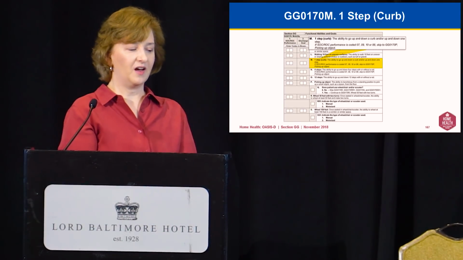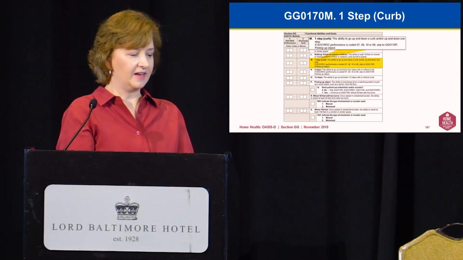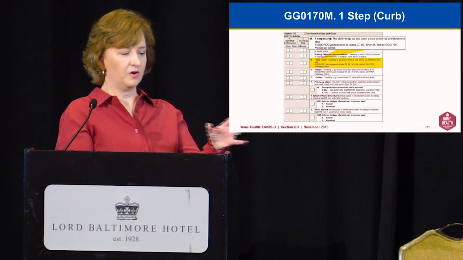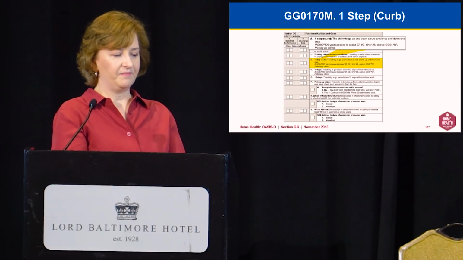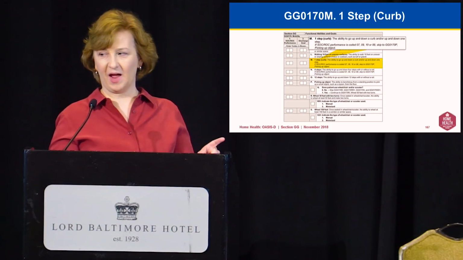Okay, next we're moving on to the steps items. And so here, one step is the ability to go up and down a curb and or one step. And I do want to highlight a skip pattern here.